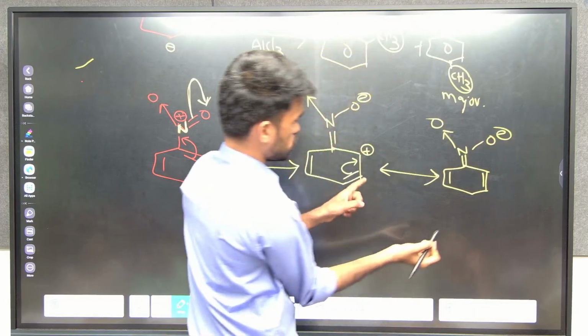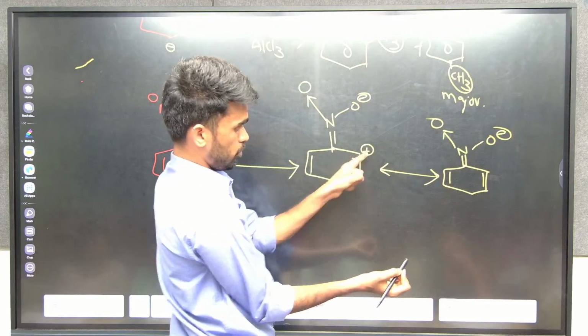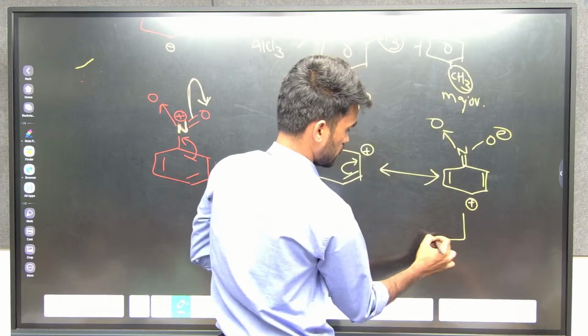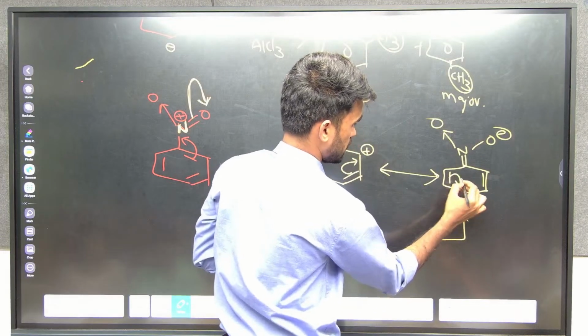Okay, what is the charge I should write here? Positive. Again, tell me what happens. This will shift here.